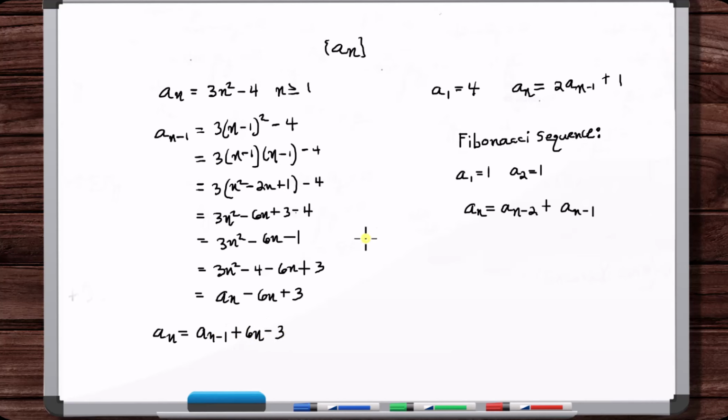But again, for a recursive formula, we need to specify at least one term, or however many terms. If we had an a sub n minus 2, we need to specify 2 terms. So what is the first term of this? A sub 1. So 3 times 1 squared minus 4. So a sub 1 is equal to minus 1.